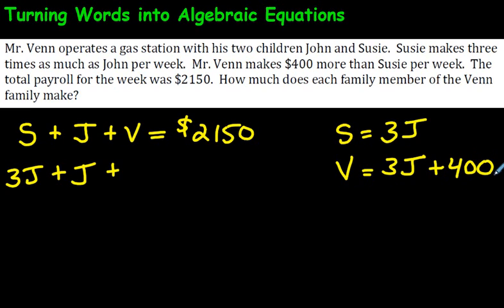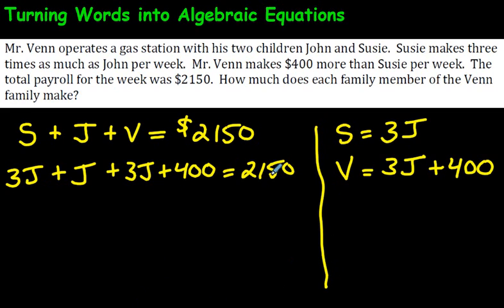So Mr. Venn makes $400 more than Susie makes. See how this expression here can be put where you see the V, and let's do that right now. 3J plus 400. And all of these 3 people make $2,150.